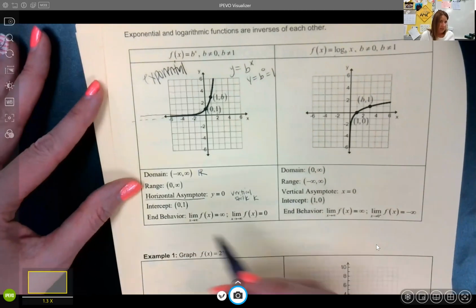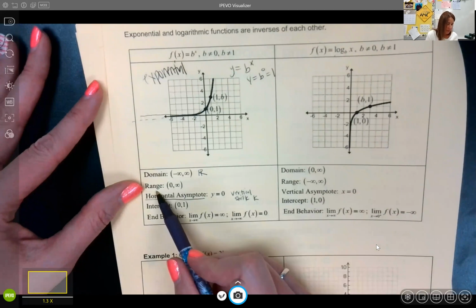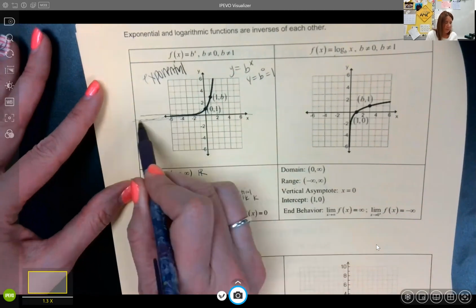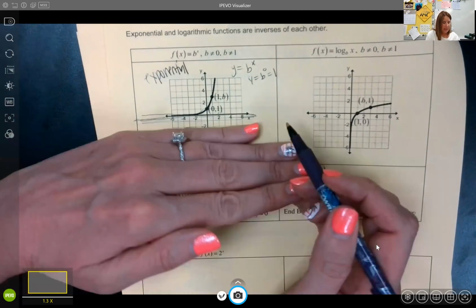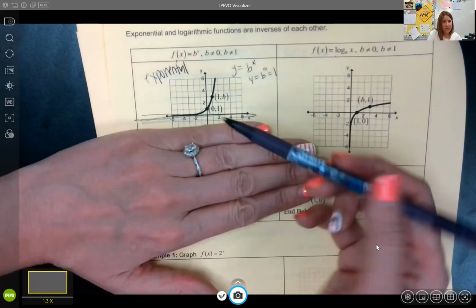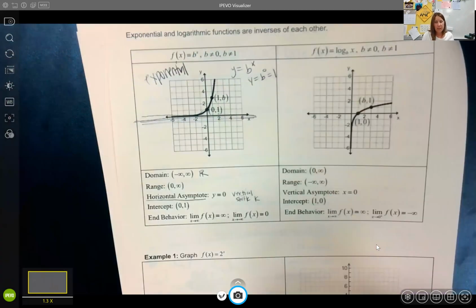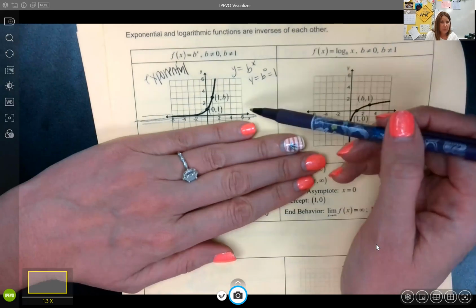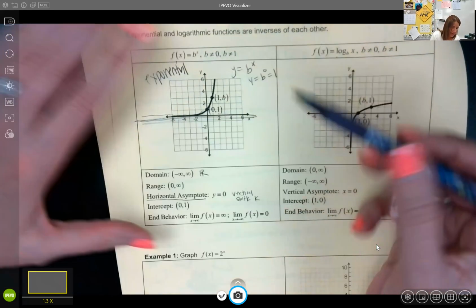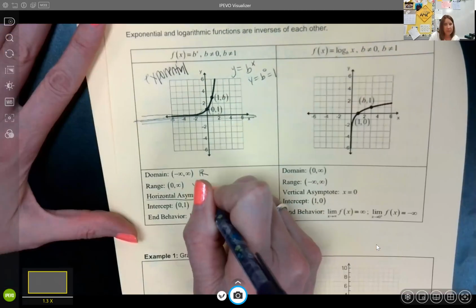The range is going to go from that asymptote. My asymptote's right here at 0, and I could cover up this whole bottom of the graph. My graph is all above the asymptote. So I cover this and say everything is above this, so y is above 0 in this case.